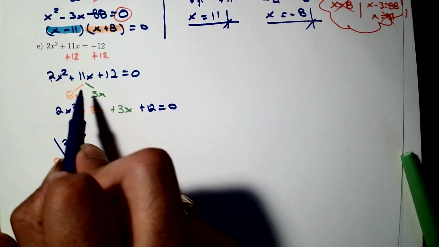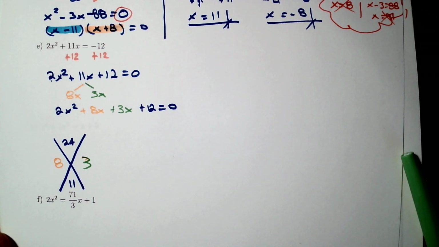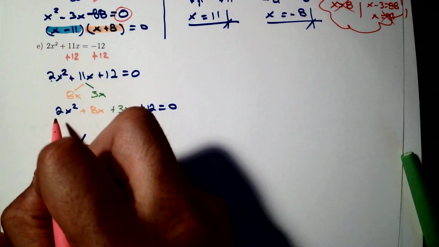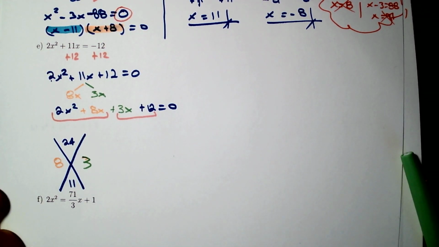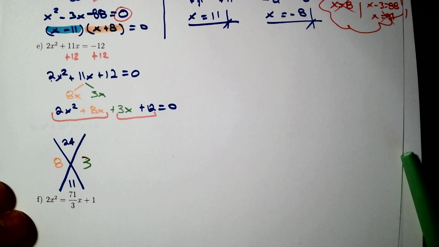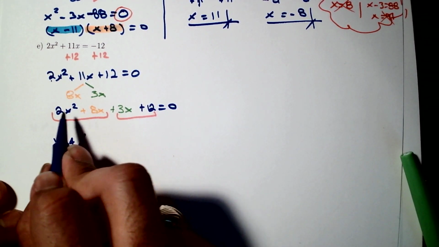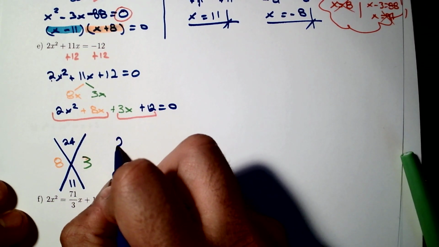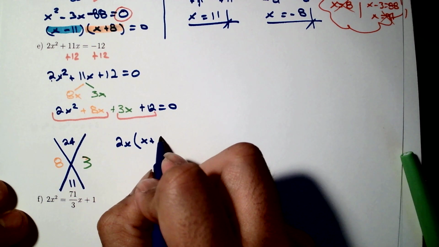So we turn this polynomial into a 4-term polynomial in which we will use the factor by grouping method. So I need to find the GCF of the first group. What do they have in common? The GCF is 2x, and then I'm going to be left with x plus 4.